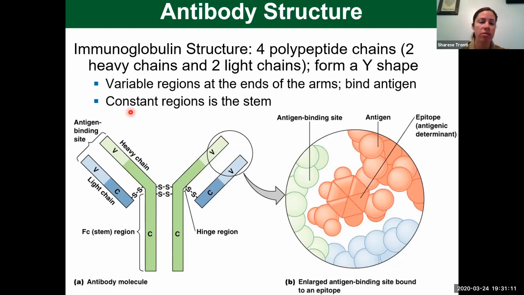You notice that all of the variable regions are on the ends here. And we can have 2 antigens bind to each antibody. So these 2 variable regions will be specific to one antigen, and over here, we have another antigen binding site.